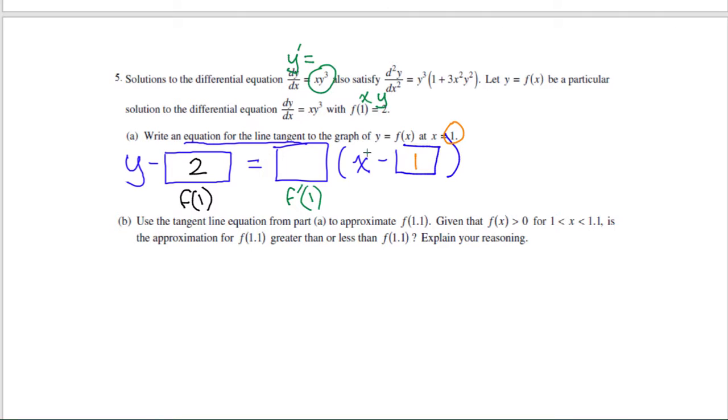I need to find a number for an equation to the line tangent. Whenever it's equation, always 100%. So my y prime, when I substitute in, x is 1, y is 2 to the power of 3, so y prime is equal to 8. The slope is 8, and that's 2 points.